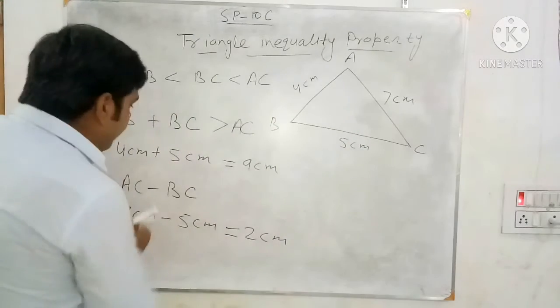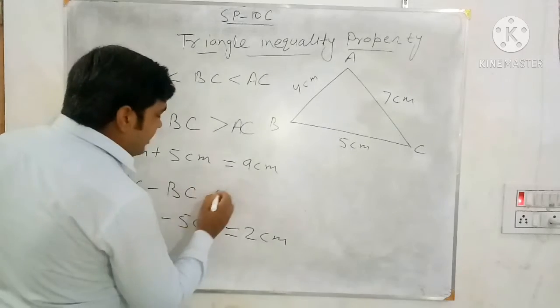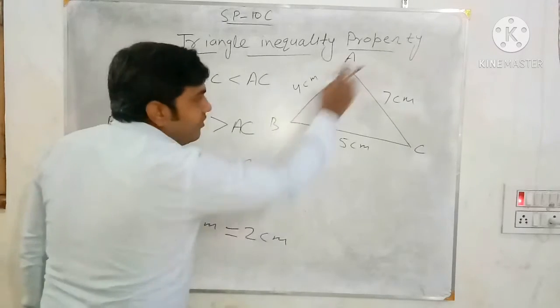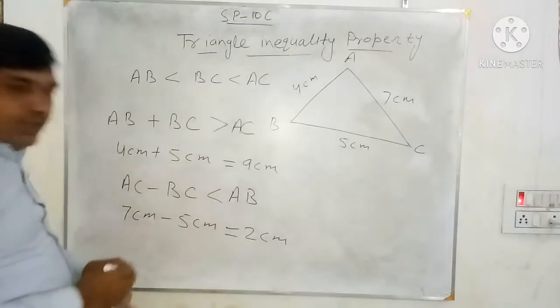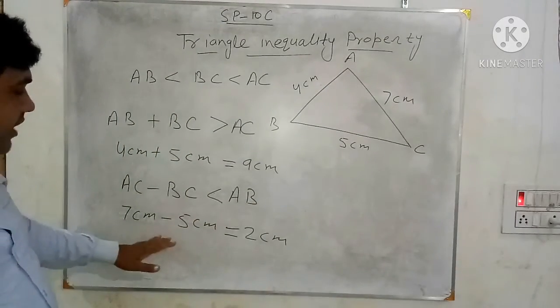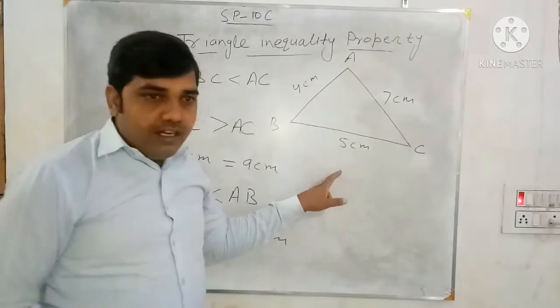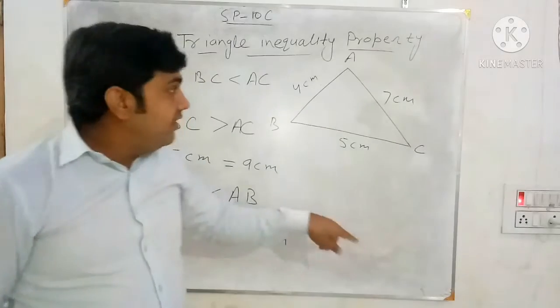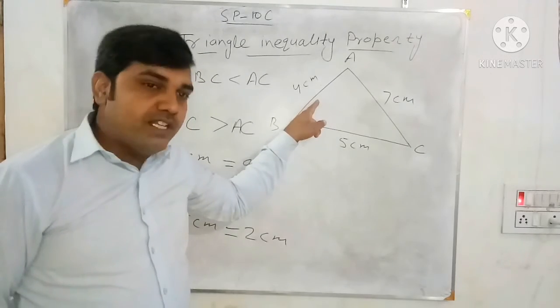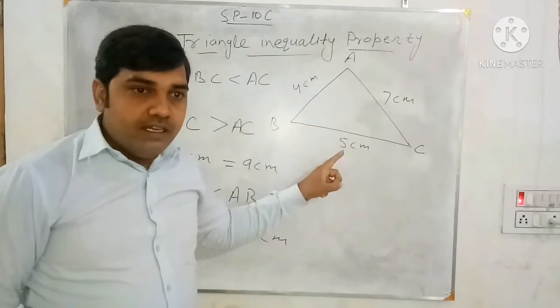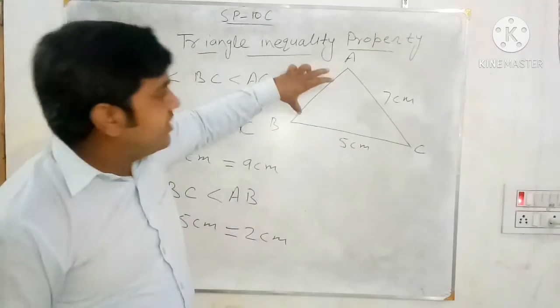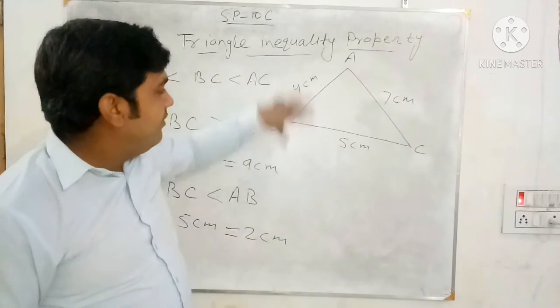So AC minus BC must be less than the shortest side of the triangle, that is AB. So this is the second theorem: the difference of any two larger sides of a triangle must be less than the third side, which is the shortest side, AB, 4 centimeter.